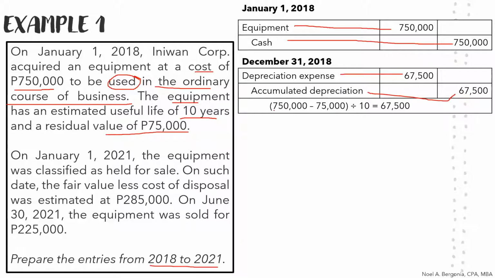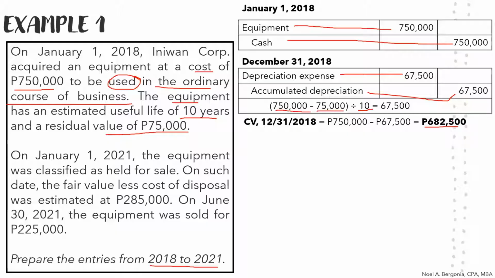So that's the depreciable amount of 750,000 minus 75,000 residual value divided by 10. It's a straight line method, so 67,500. So at the end of 2018, our carrying value is 682,500.